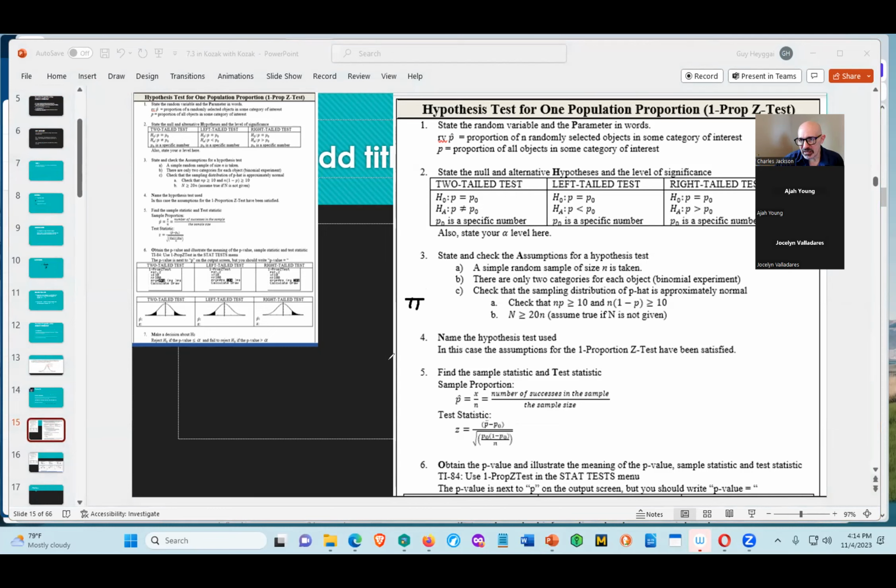That would probably be better because usually for our population parameters, we use Greek letters: mu, sigma, chi-square. And why do we just use a regular letter P for population proportion and then for the sample statistic P hat?